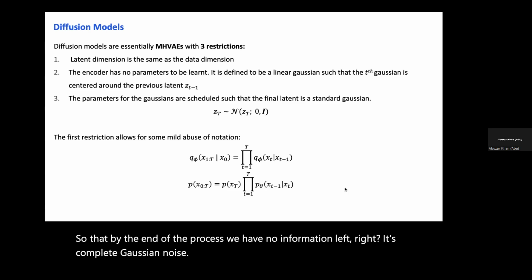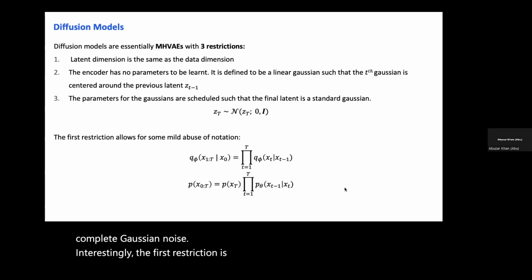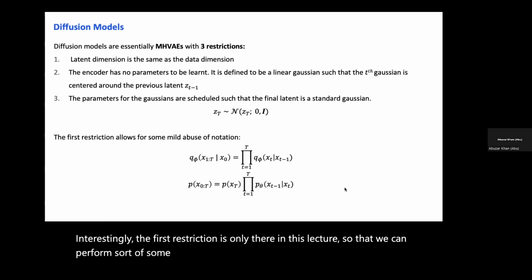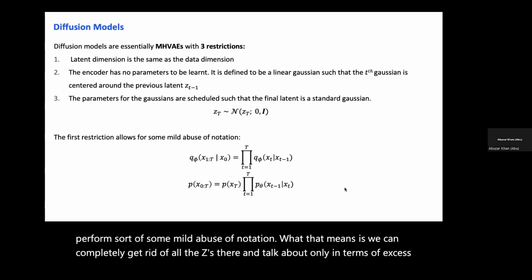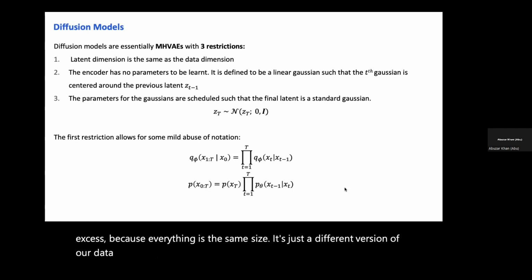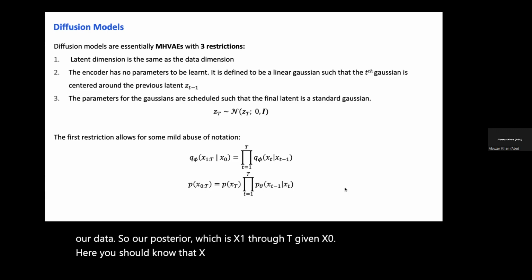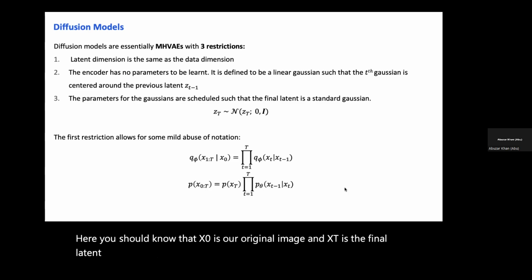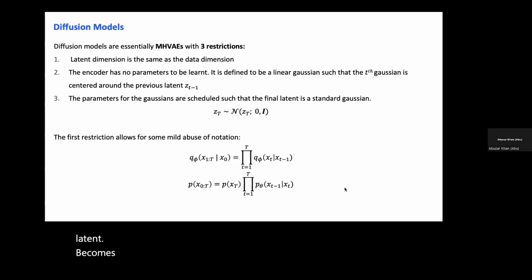Now, interestingly, the first restriction is only there in this lecture so that we can perform some mild abuse of notation. What that means is we can completely get rid of all the z's and talk only in terms of x's, because everything is the same size. It's just a different version of our data. So our posterior, which is x1 through xT given x0, where x0 is our original image and xT is the final latent, becomes a product of all the individual posteriors of xt given xt minus 1.